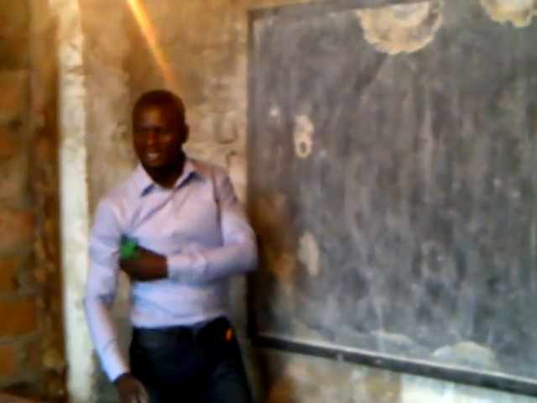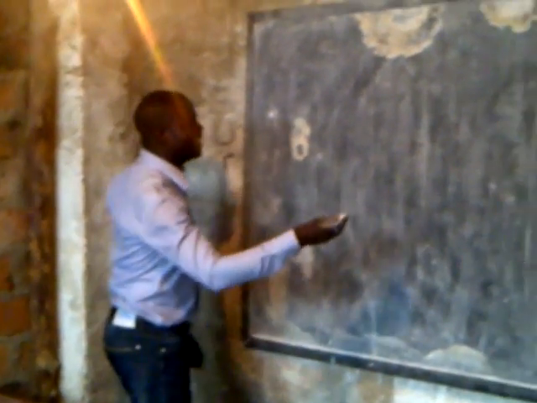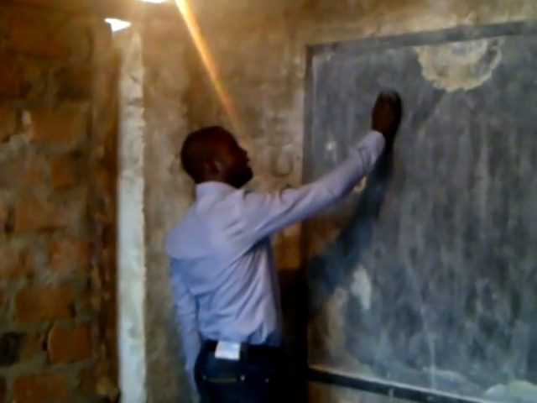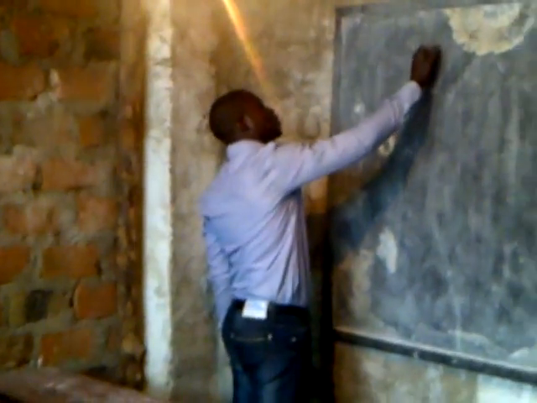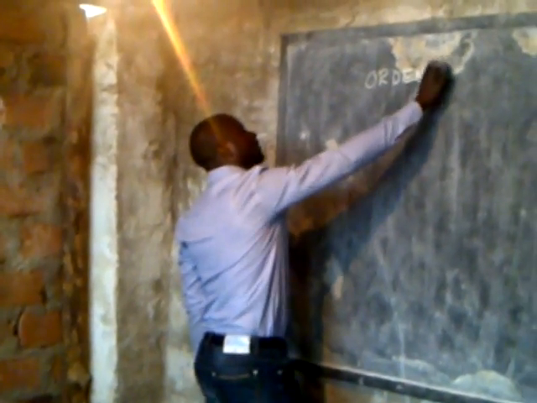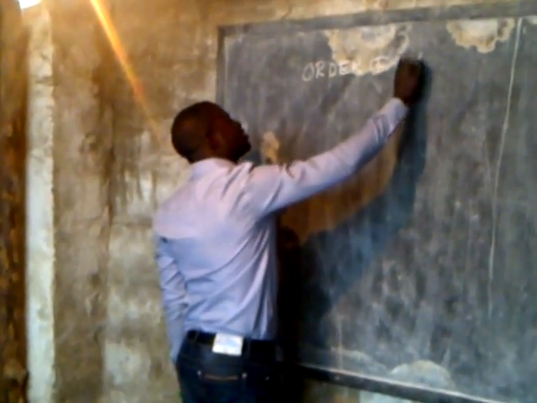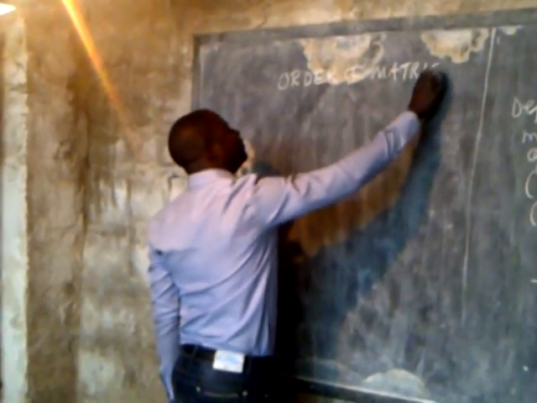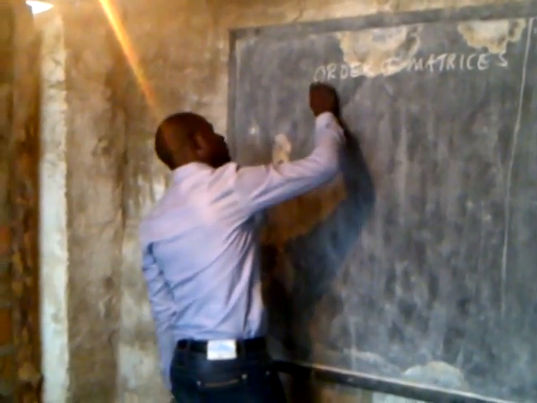Are we together? Now, the first thing before we can go any further on matrices, we need to know what is called the order of matrices. You need to know how to state the order of a matrix.